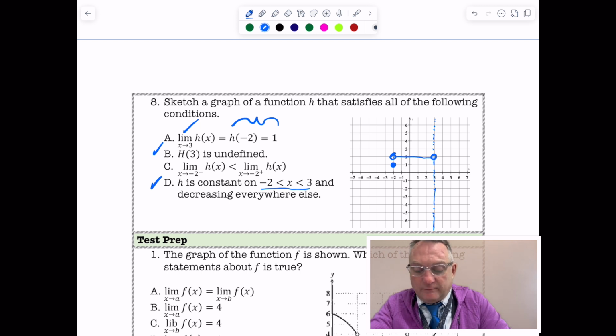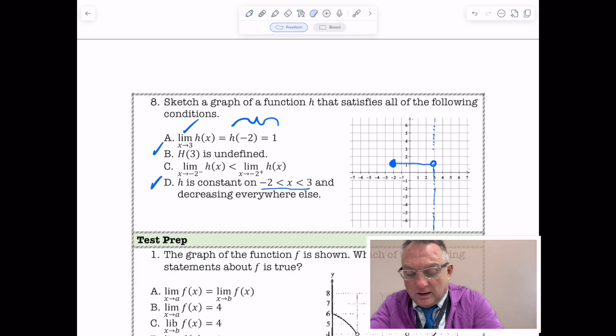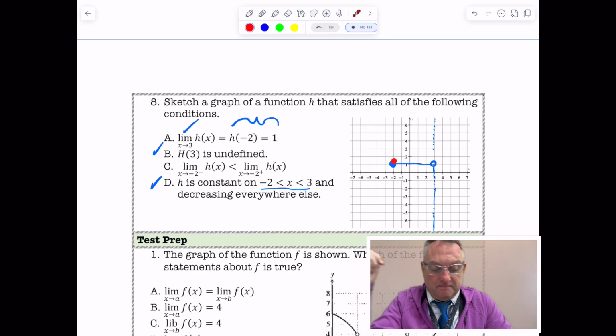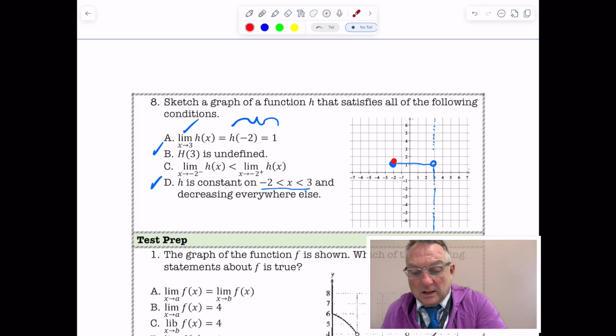So now what I've done is I've got the constant. It's still undefined at 3, but the limit as we approach it is the same as that point right there. Okay? And then the last thing we got to do is the limit as we approach negative 2 from the negative side is smaller than from the positive side. So where's negative 2?